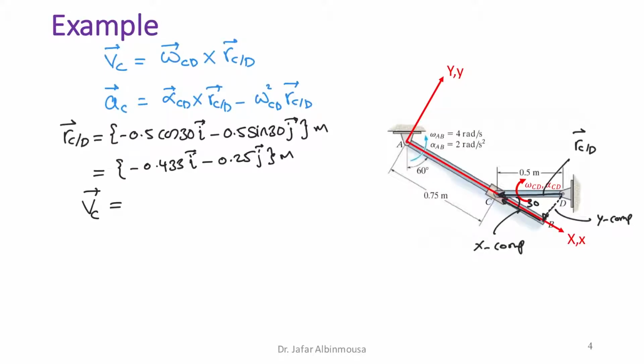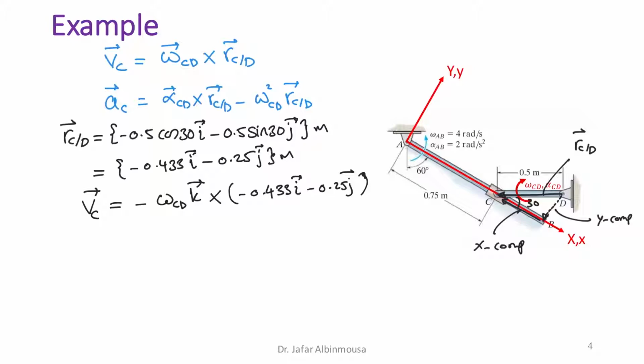VC, which is equal to minus omega CD by K cross minus 0.433I minus 0.25J.